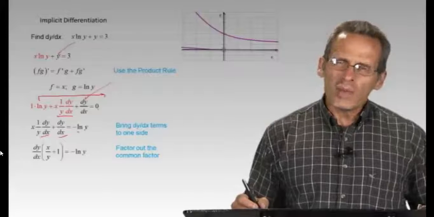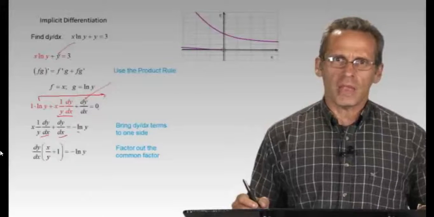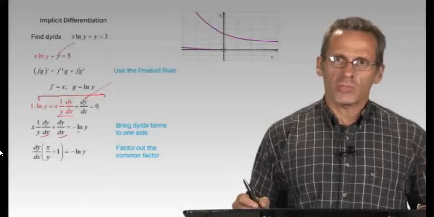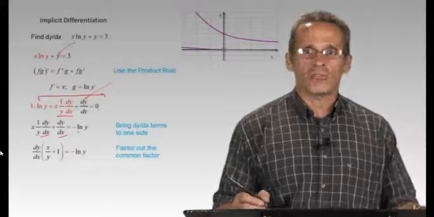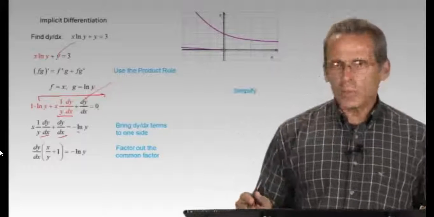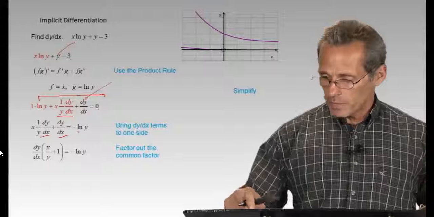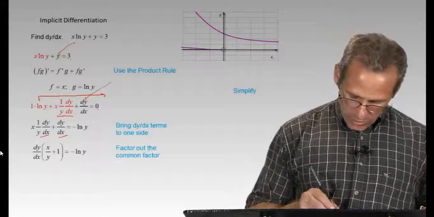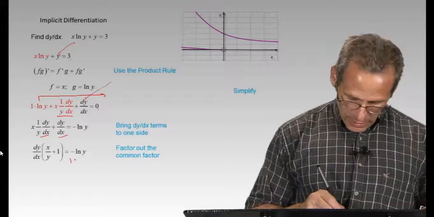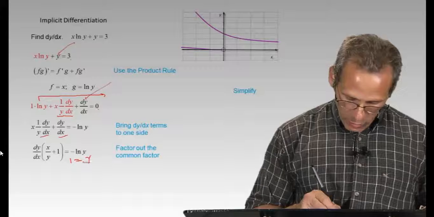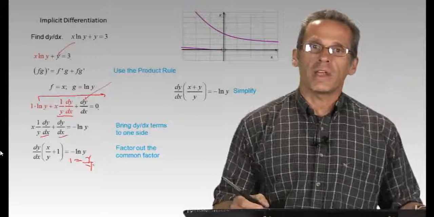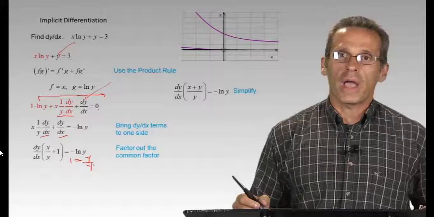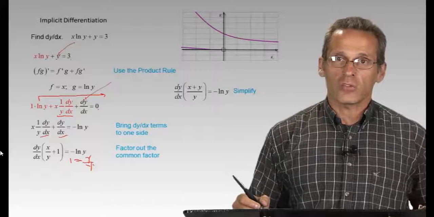Now, we are one step away from finishing. If we simply divide both sides by the quantity in the parentheses, we would be done. But this would create a complex fraction. So instead, we'll take a second to simplify. We'll find a common denominator, rewriting 1 as y over y, so x over y plus y over y is x plus y over y.